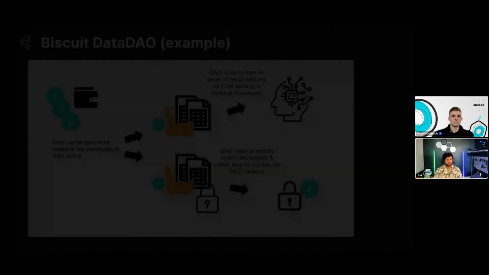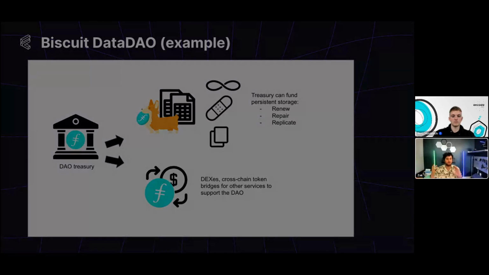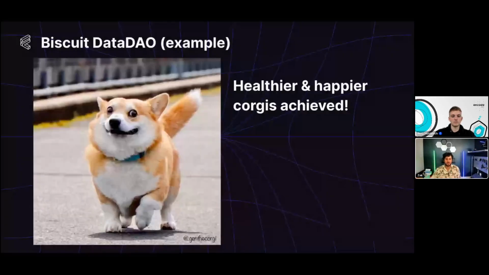Again, you have the DAO treasury that can fund all these awesome tools that the DAO may find useful. And together this community of corgi owners can pool all the resources to create a healthier and happier world for corgis, which I think is something everyone can get behind.